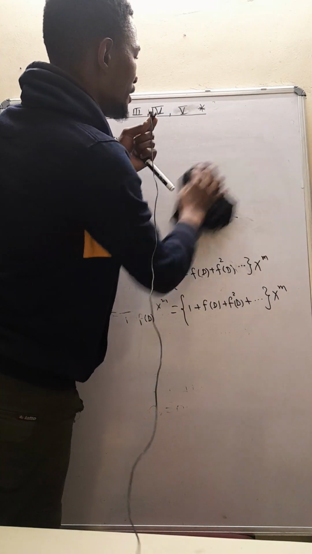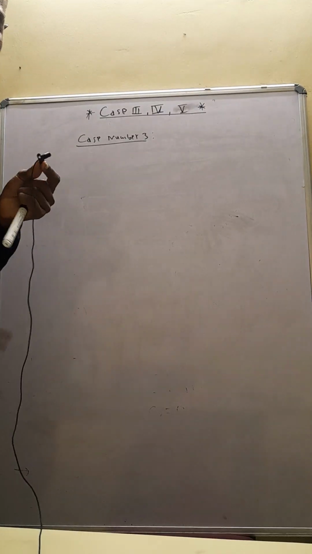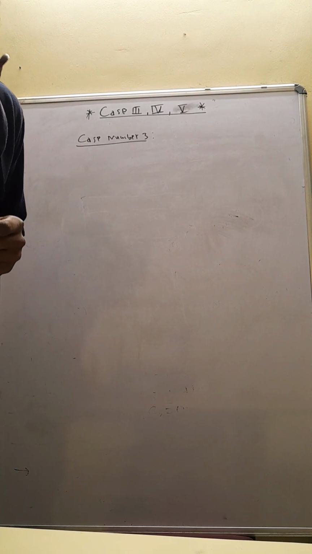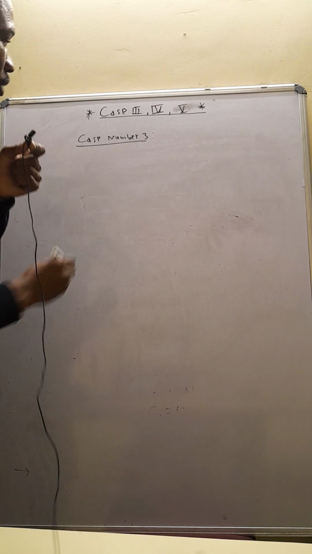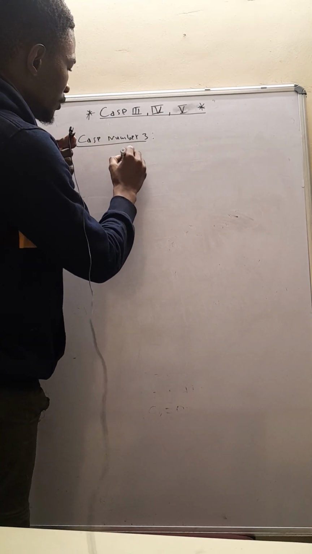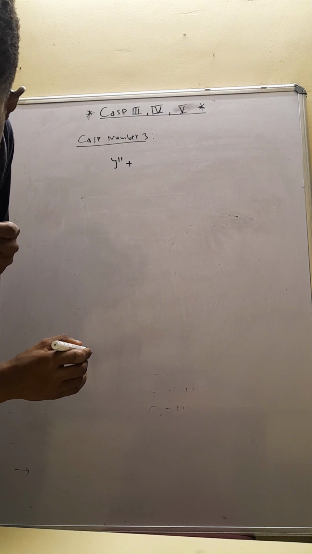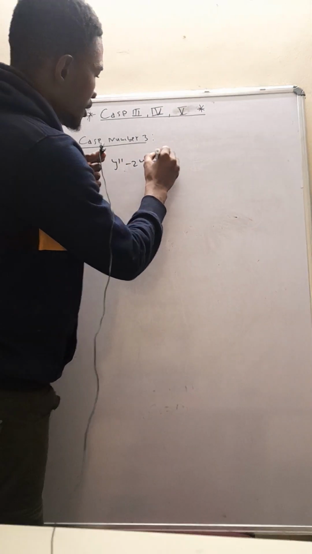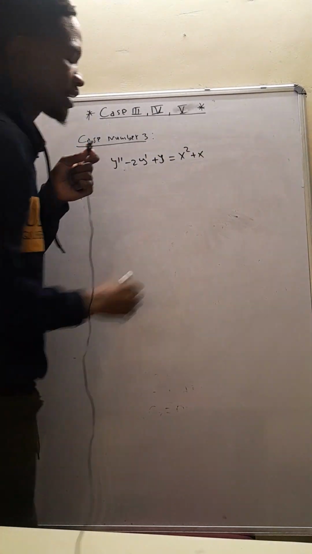Case number 3. Suppose we have y double dash minus 2y dash plus y equal to x squared plus x.